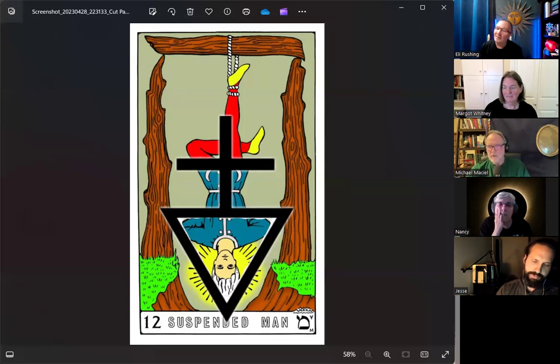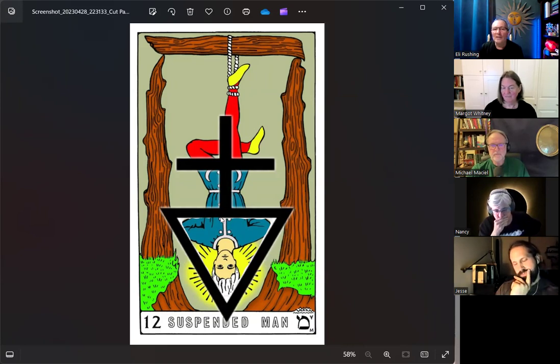What is the symbol for fire? Right here is sulfur inverted. We see it in the cross of the legs of the suspended man, the cross of sulfur, red, and then the blue symbol of water is in the shape of the head and the elbows back here.